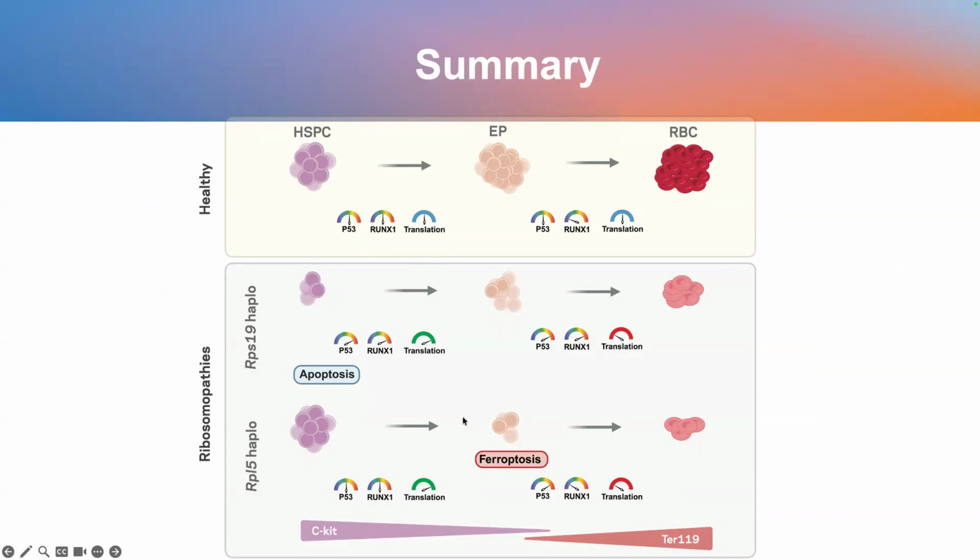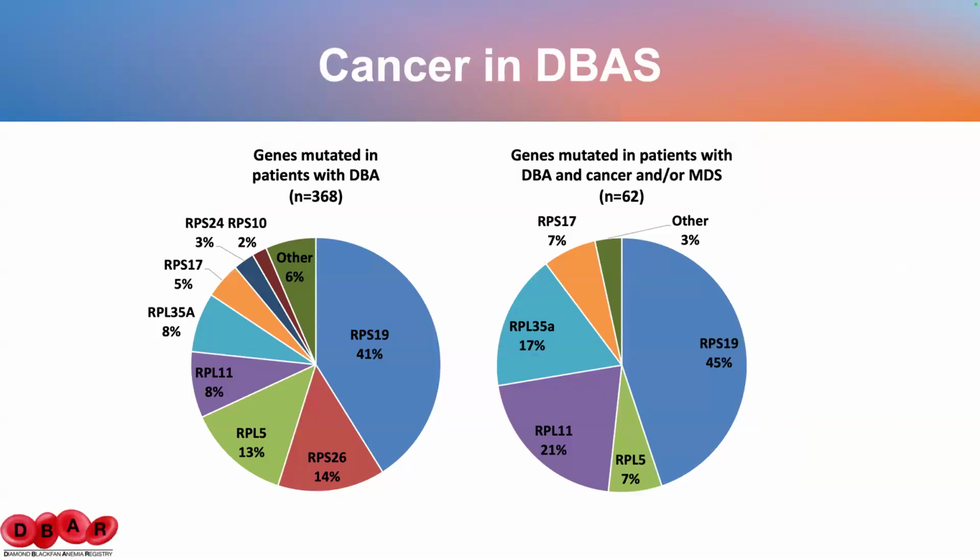While in haploinsufficiency for RPS19, we think that the defect is really at the HSPC, due to activation of P53, RUNX1, apoptosis, while in RPL5, it's a defect at the erythroid progenitor due to ferroptosis, which could also explain this heme imbalance, these issues that we observed in other models. That's to be exploited.